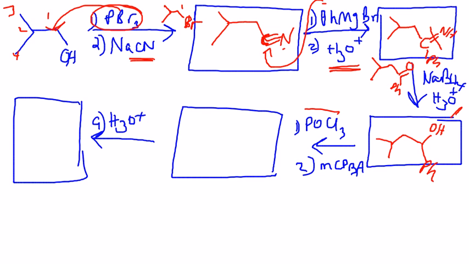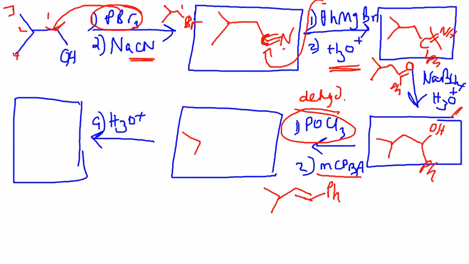Anyway, we are now treating the secondary alcohol with POCl3, which recall is a dehydrating agent. That means it removes water. So your first step should yield a more stable Zaitsev's product like this. And then MCPBA is going to build the epoxide.